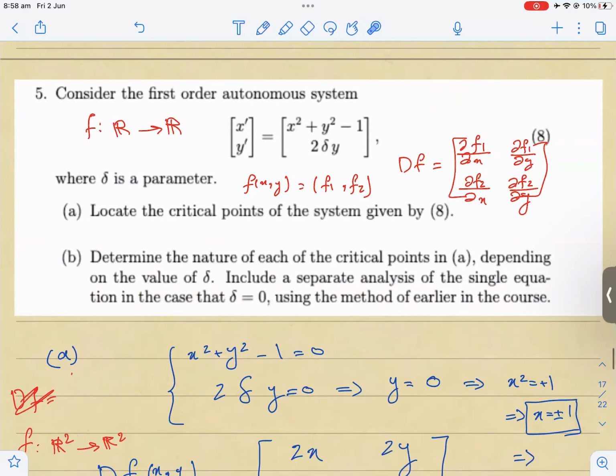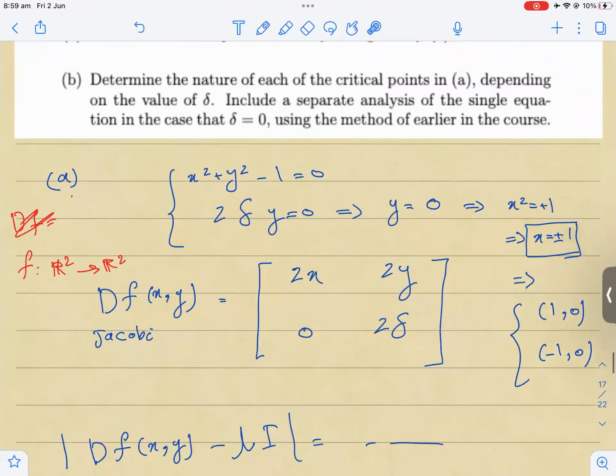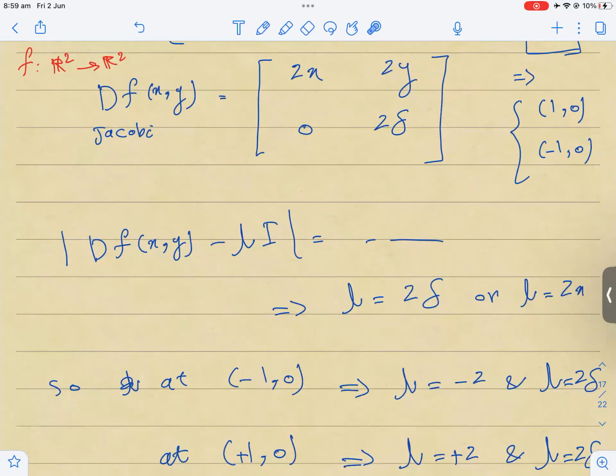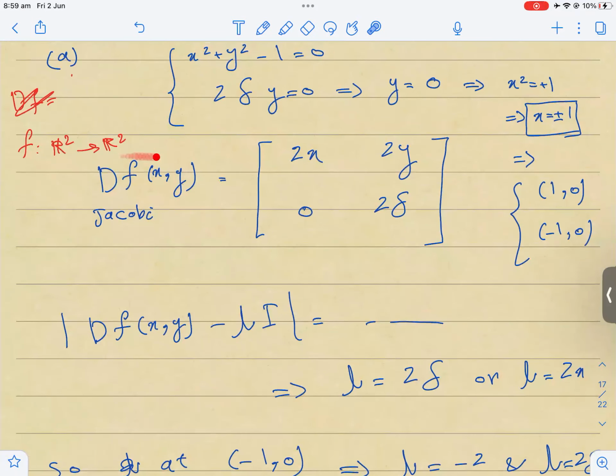So using this Jacobi matrix, we will do some analysis. The Jacobi matrix is just obtainable here. There are 2 critical points, y is 0, so x equals plus minus 1. So I can substitute it here. This Jacobi matrix has 2 eigenvalues.